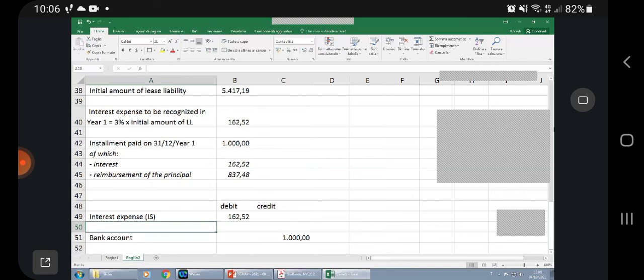And the reduction of the lease liability. Of course, the lease liability is a liability, so it is in the balance sheet for 837. Is this clear for everybody? Any questions?